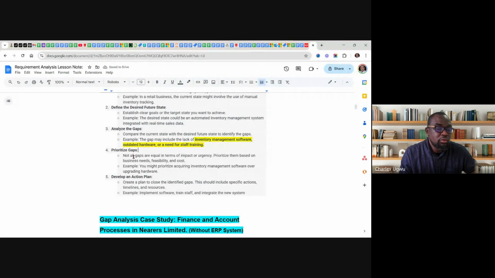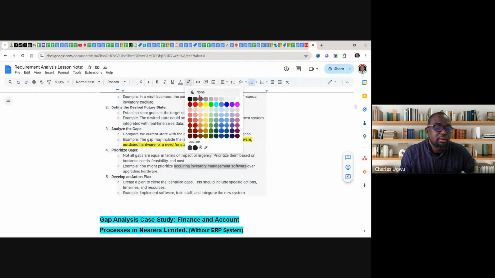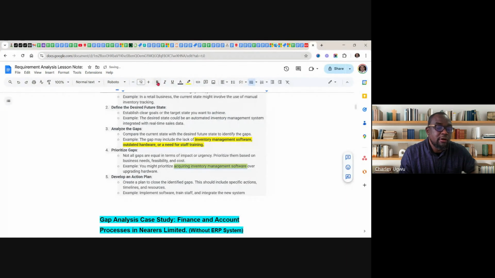And then when you do prioritization, you find out that this is the project you are going to be focusing on, acquiring this software. And with this, you have come up with a solution. That is a solution.